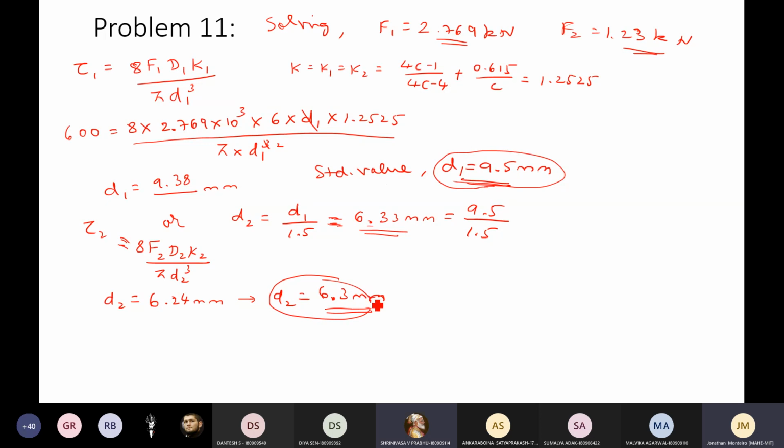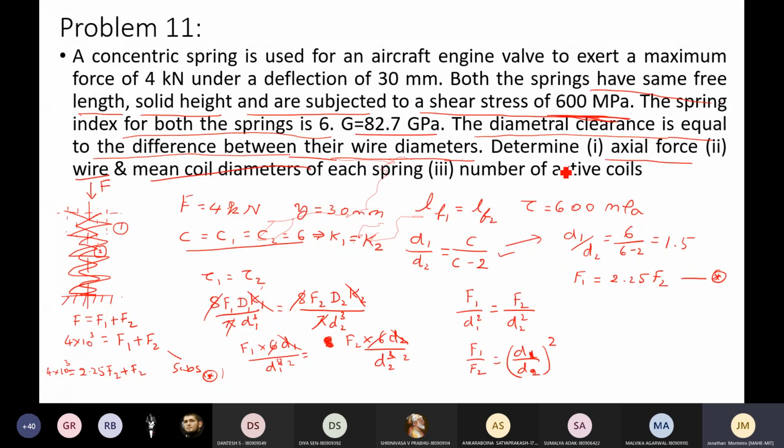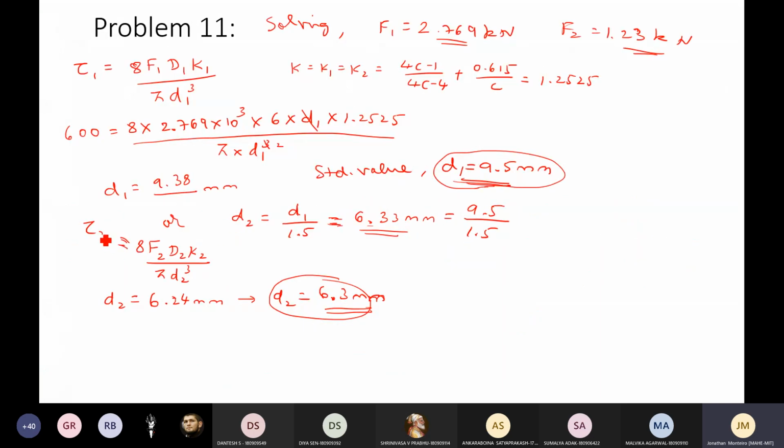But at the same time, whatever value you are choosing, see that it does not exceed the allowable shear stress. This tau value, whatever you select, should be either equal to or lesser than 600. So definitely by slightly increasing the diameter, this will come to around maybe 590, 595 or so. That should be fine with us.